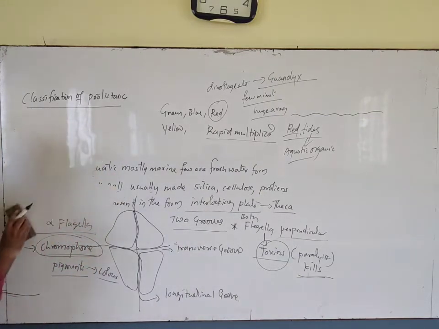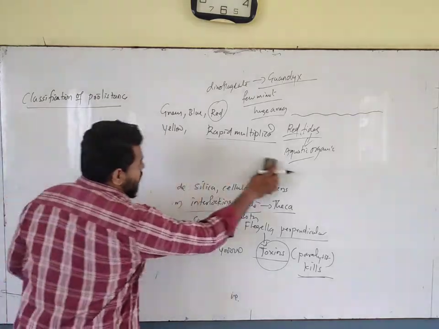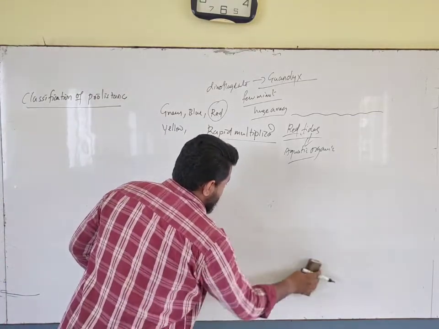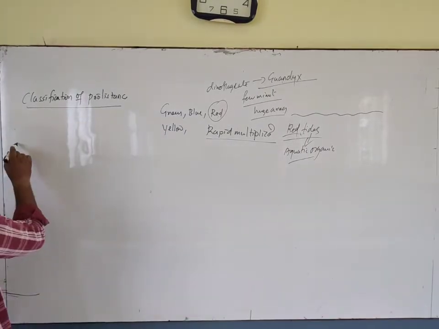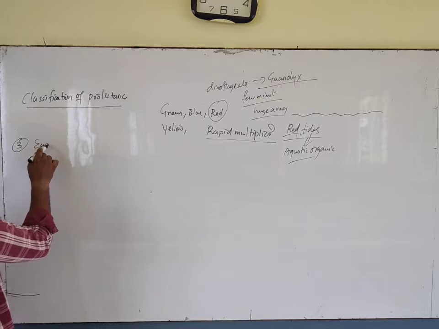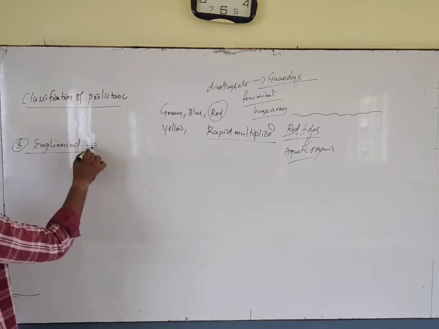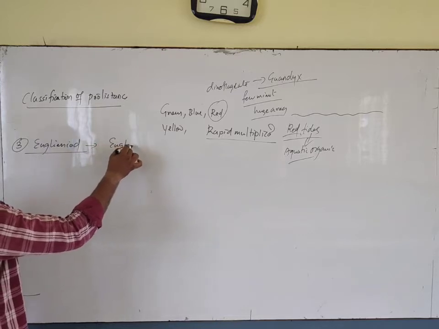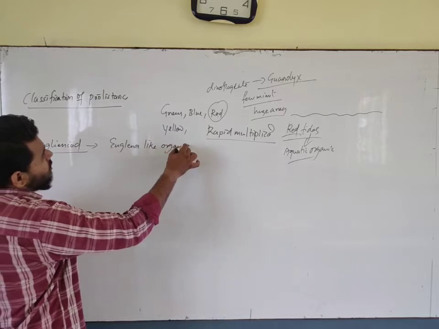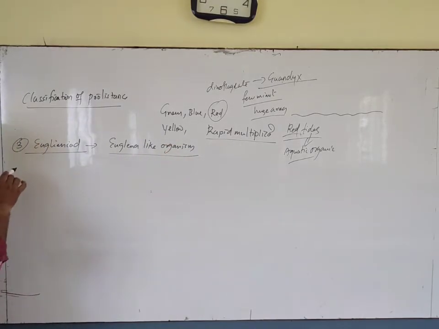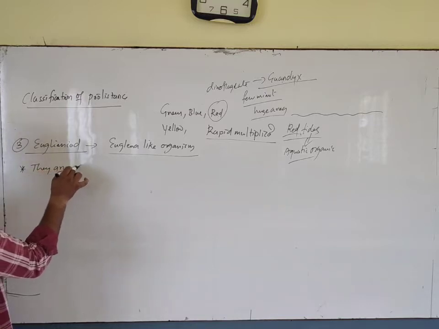The next class is euglenoids. Then third is euglenoid organisms, or euglenoids. They are aquatic.